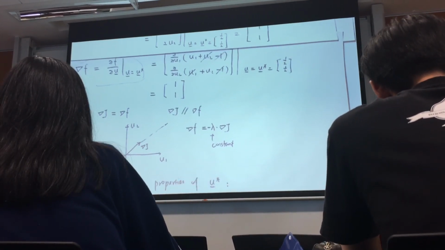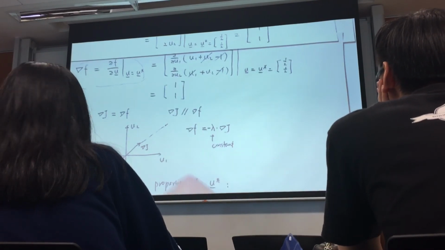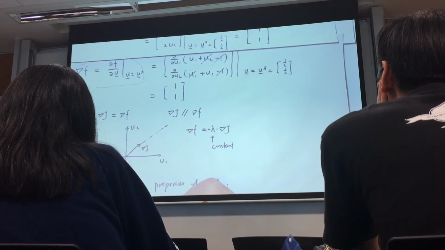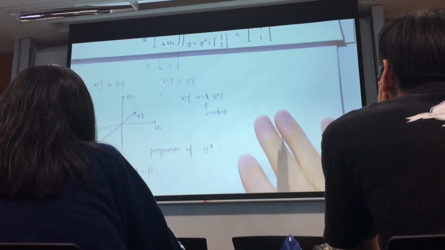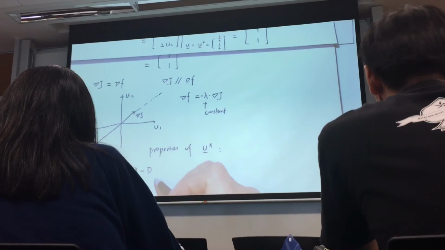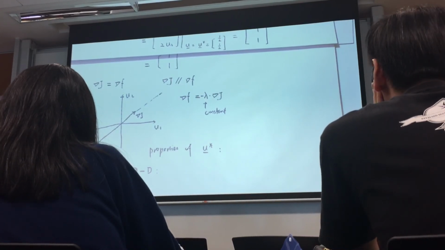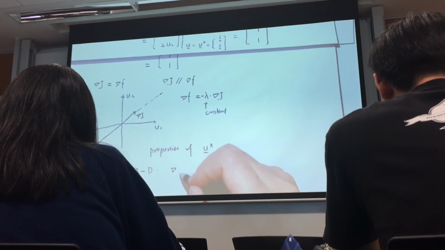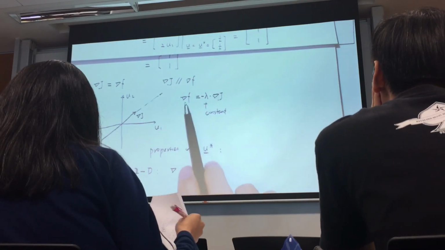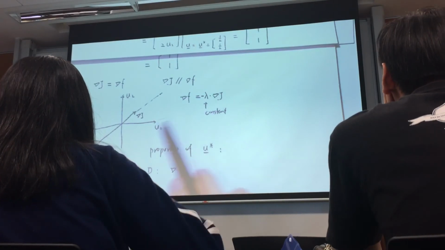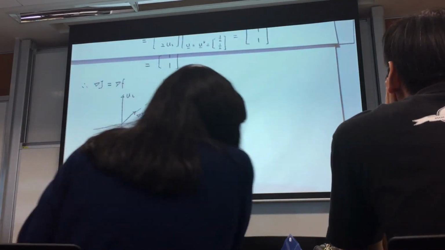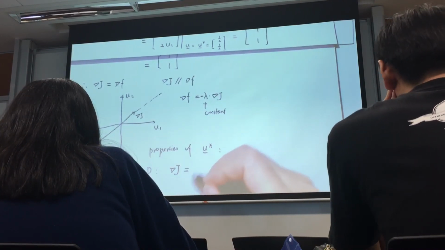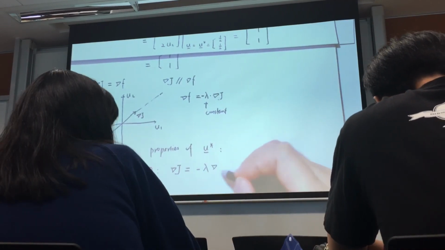For the one-constraint, two-dimensional problem, u star must satisfy this particular condition: delta F and delta G are in the same direction. We can also represent it as delta G equals minus lambda delta F.